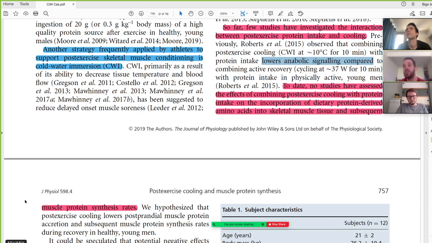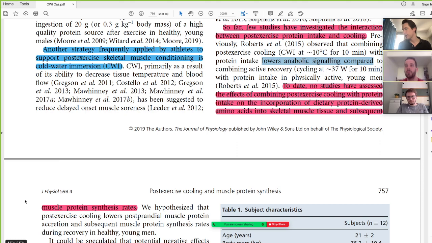But it is known that you can reduce swelling when you apply cooling. So that's also a reason why some athletes do this. And again, whether that's beneficial or not depends probably on the context. But those are two main reasons why athletes apply it. And some also say, yeah, I just feel better or fresher if I put my legs or my whole body into some cold water.